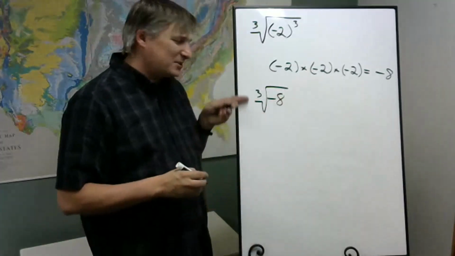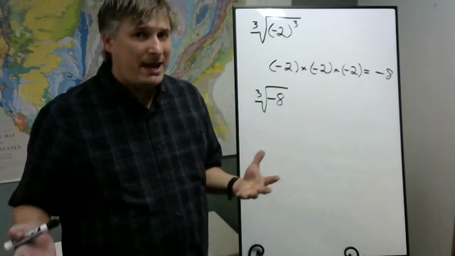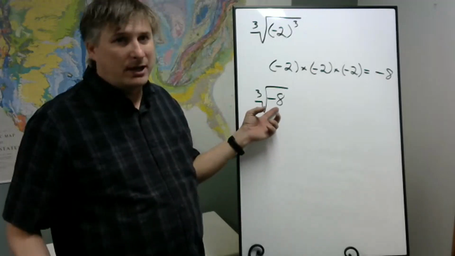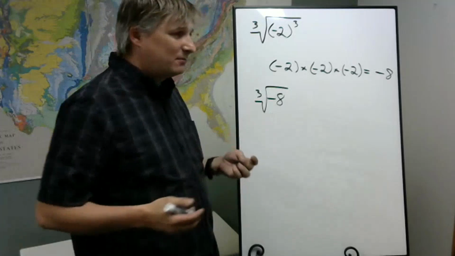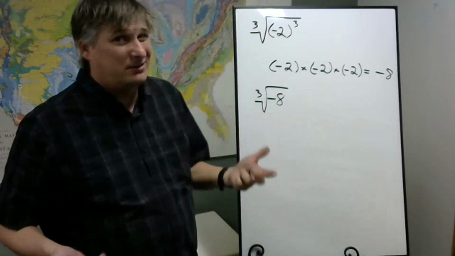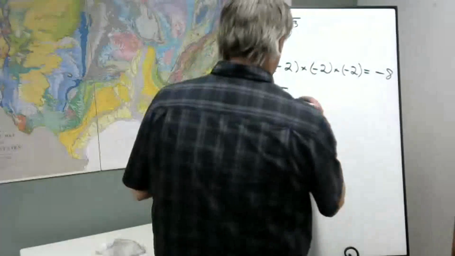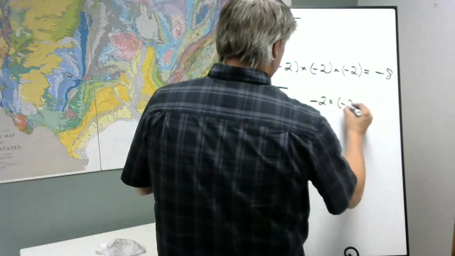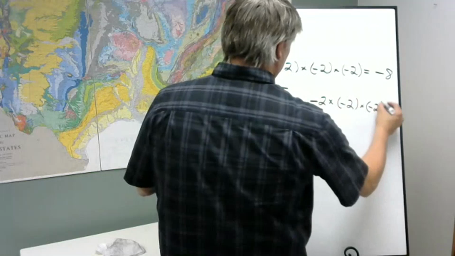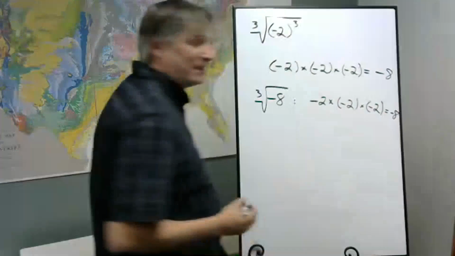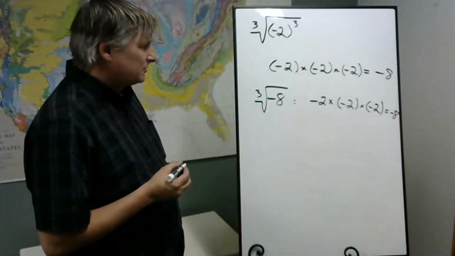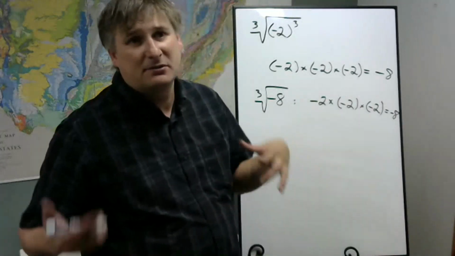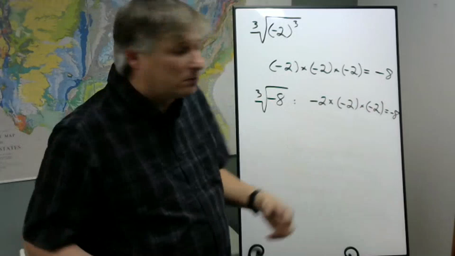Now, even though there's no minus in front of this, the way we handled this was, well, okay, what are the 3 numbers that multiply to give us negative 8? And it turns out, even though there's nothing in front of this, we kind of don't have a choice here. Again, negative 2 times negative 2 times negative 2 is negative 8. So that means 3 things that are multiplied together to give you negative 8 is, well, it has to be negative 2.